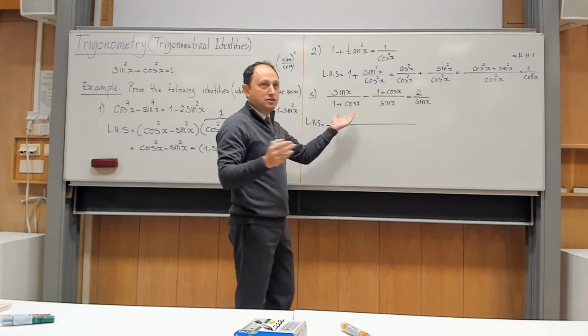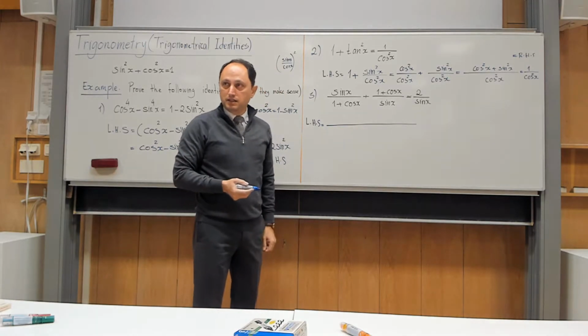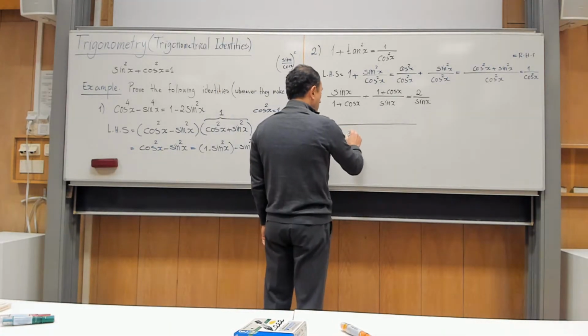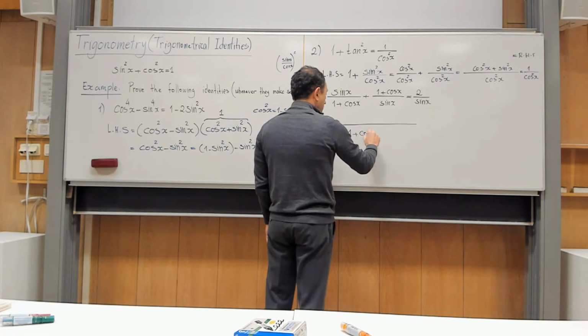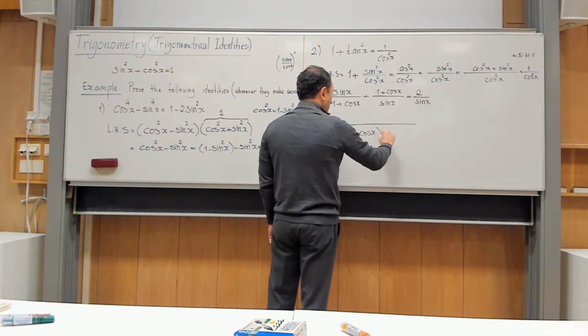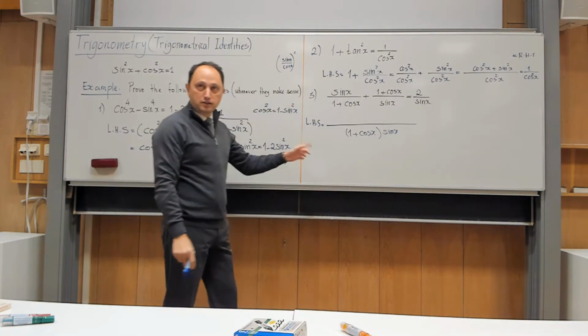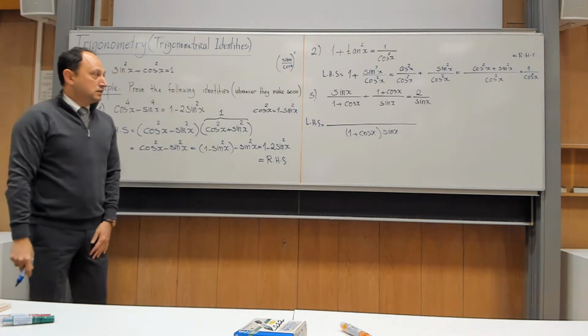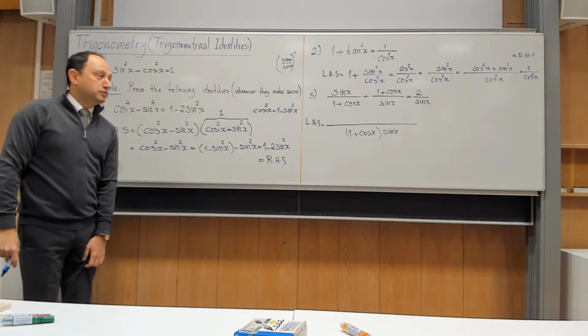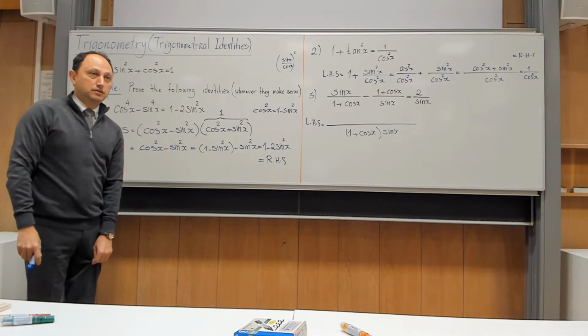So in this case, I have to multiply them, yes? But multiply them formally. What do I mean? I mean just write them as a product, not in action. Do not multiply it out. Just keep it like that. Is that clear? So that would play the role of the common denominator.